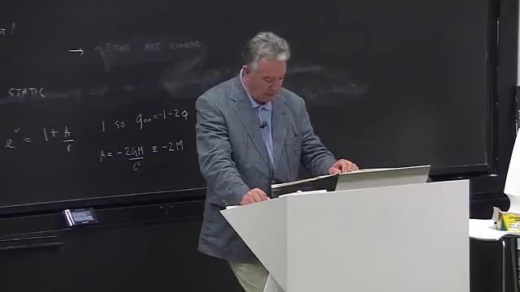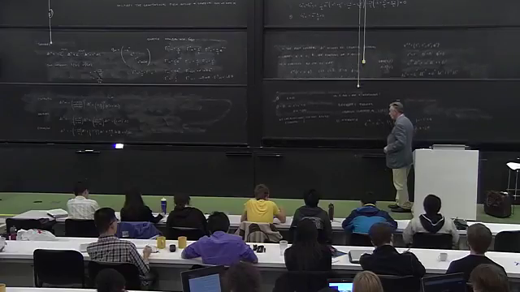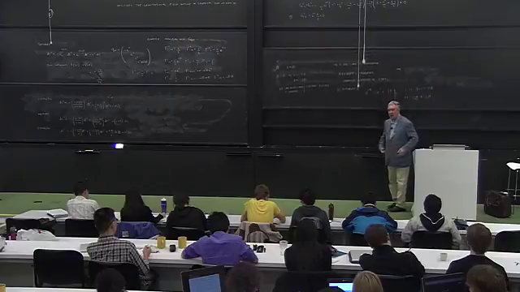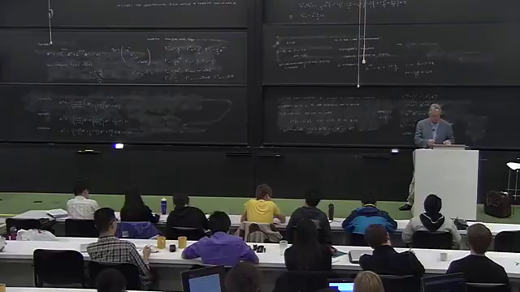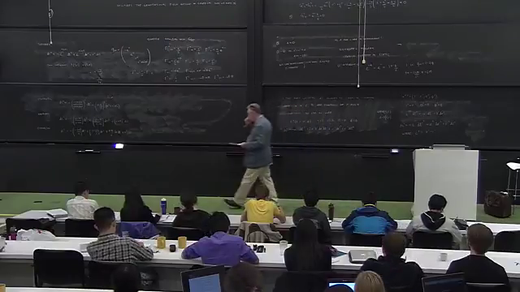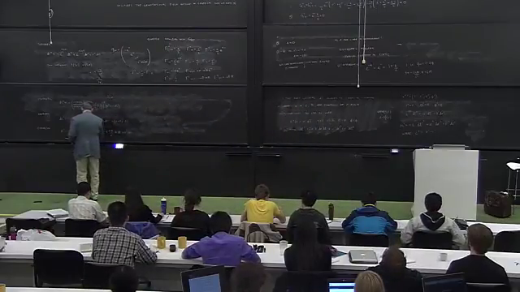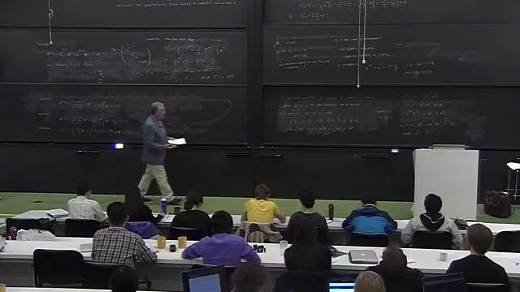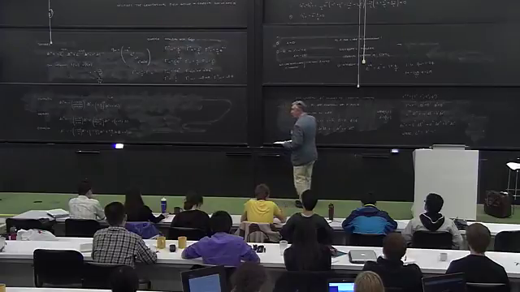And it's worth writing down the coordinate system introduced by Kruskal, which has that property. And this addresses the issue of whether we should have a T mu nu in the source or not.